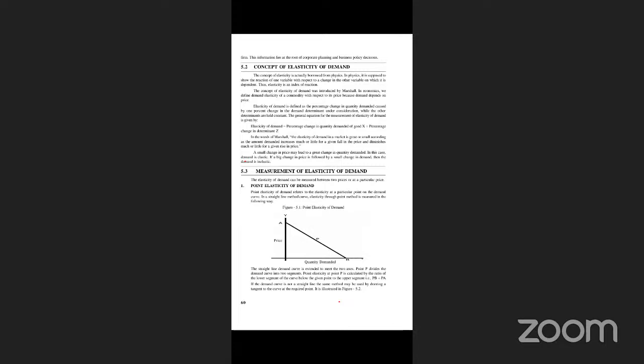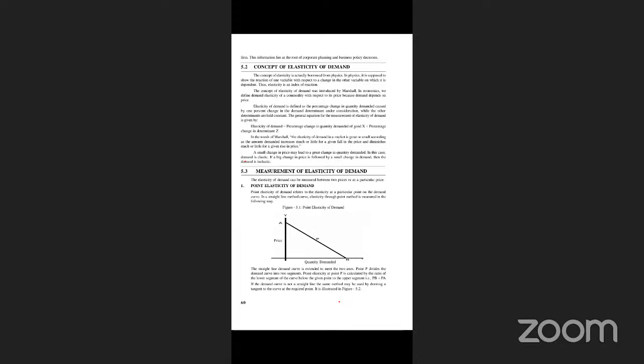For example, just now we learned how income is also one factor, right? From 1,000 rupees income, if it is increasing to 4,000, how there is a change in demand in the previous table. Instead of buying 10 kgs, now they are in a position to buy 20 kgs because there is an increase in the income.